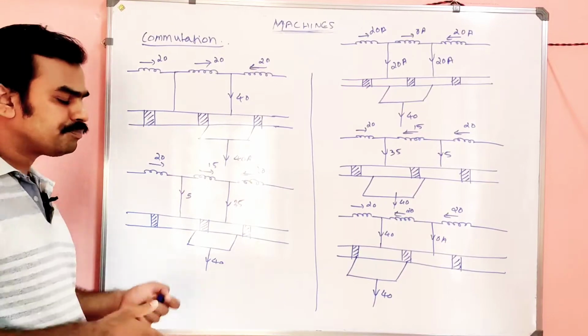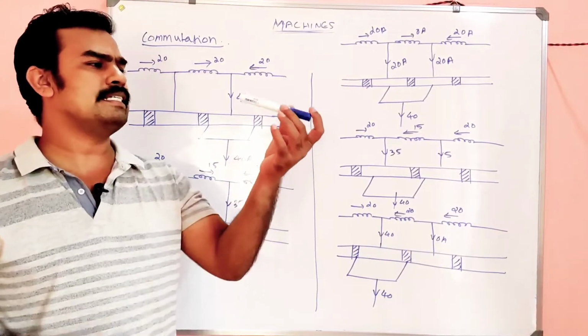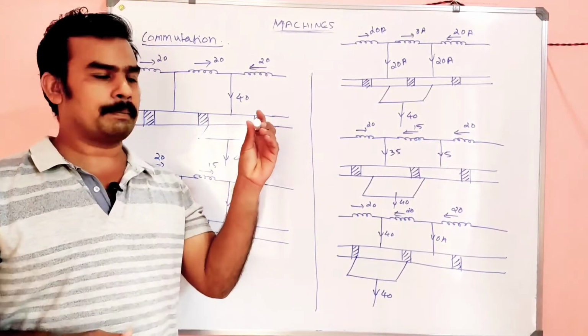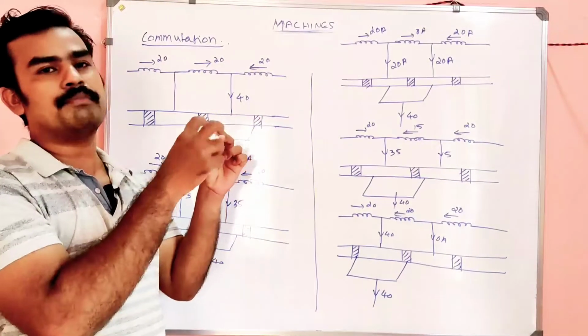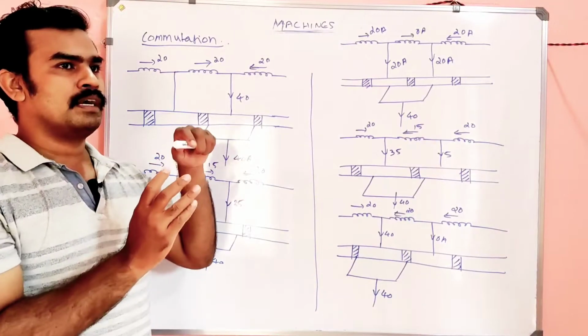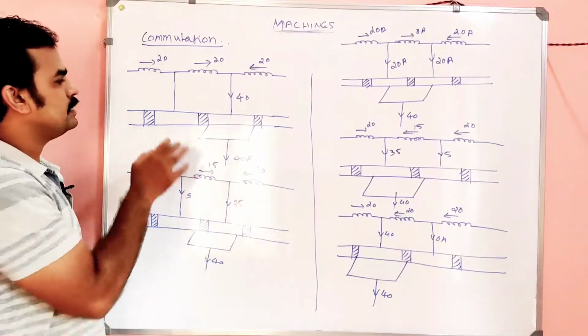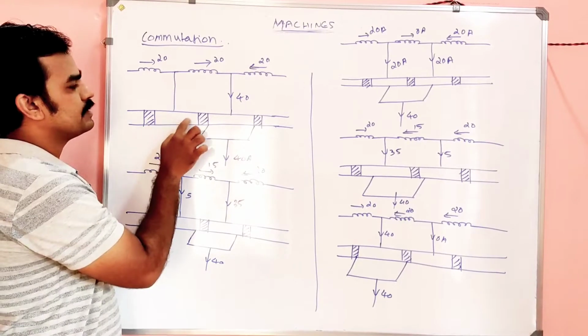We know that, suppose this is the armature. On the periphery of the armature there will be commutators, right? This is the commutator segment.